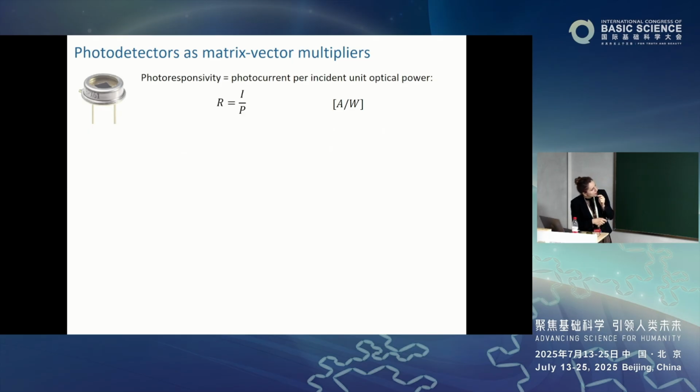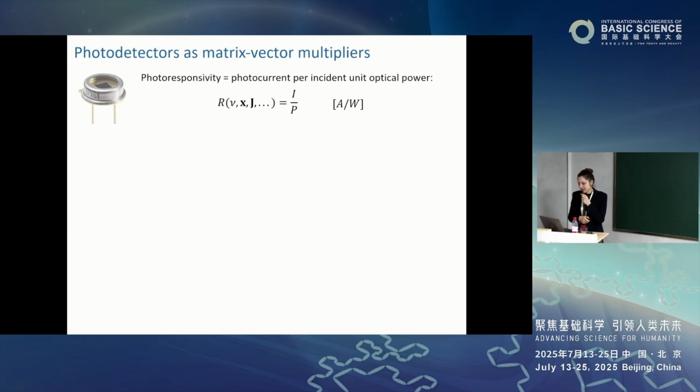And so in sensors, you have something called photoresponsivity. Very, very important word that I'm going to use a lot, so I need to learn how to say it. It basically tells you how much current you get per unit of power.